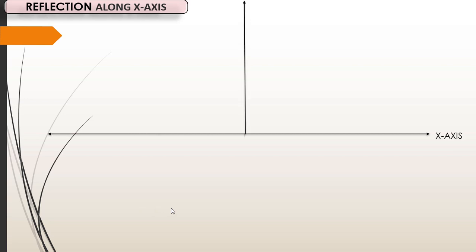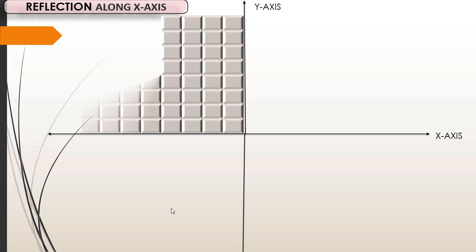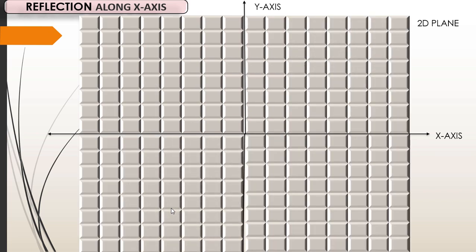Now we are going to see the same reflection along the x-axis, and how we represent it with the help of a diagram. Suppose this is the x-axis, this is the y-axis, and the plane created by these two axes is called a 2D plane. Now consider an object having 3 edges and 3 vertices.